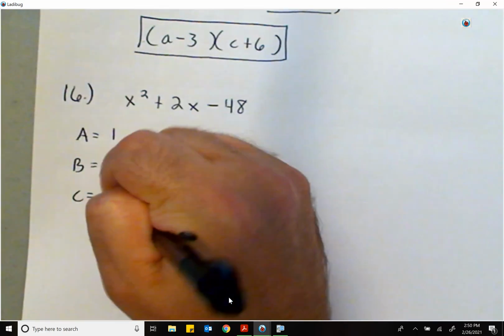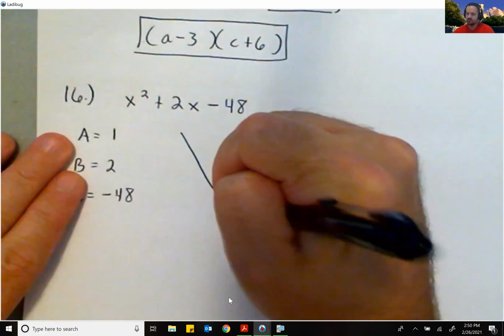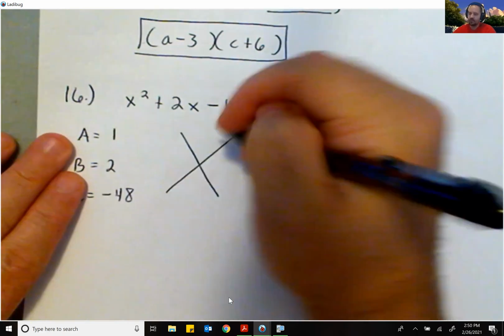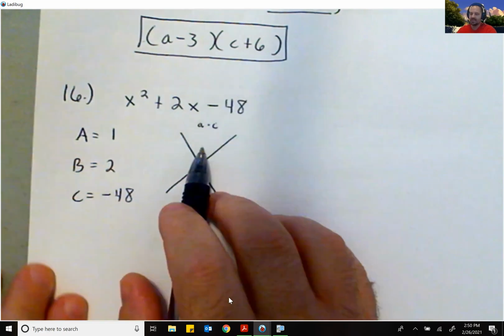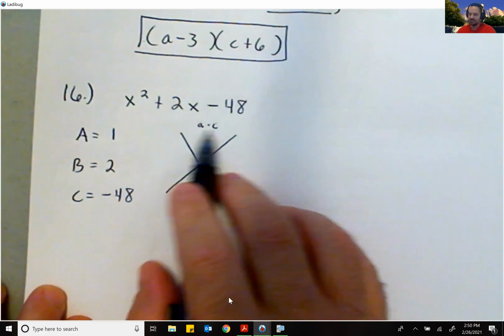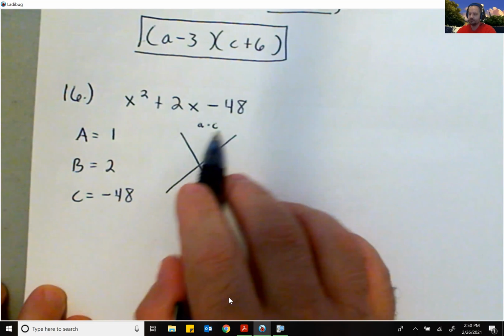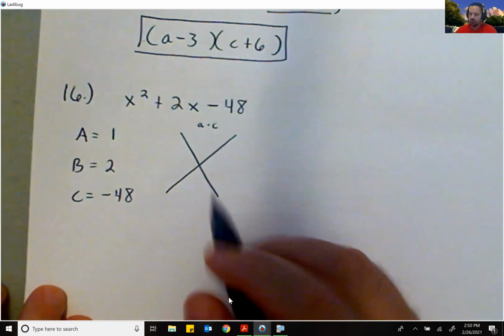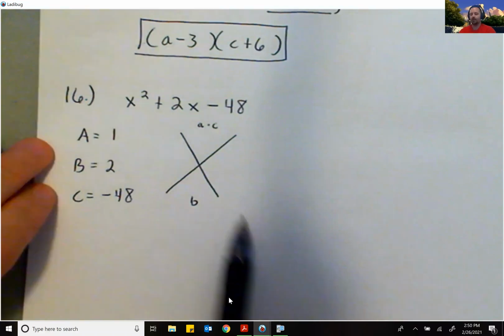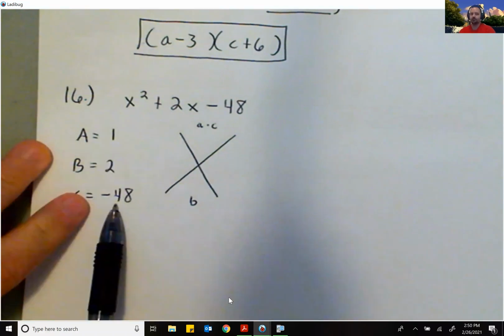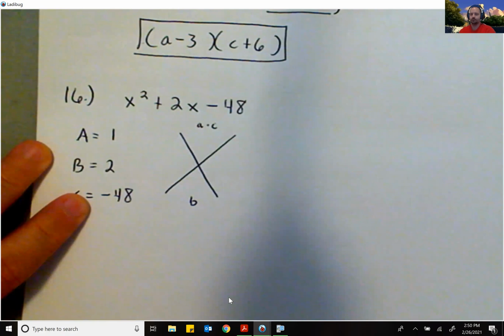Good. And then we're going to play the X games. In my X games, remember that in the top, we're going to put a number, and that's the A times C, hence why I call it the AC method. And then down below, we're going to put the B. So what is 1 times -48? -48.